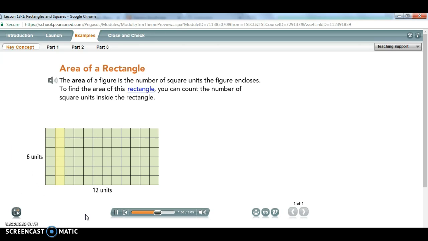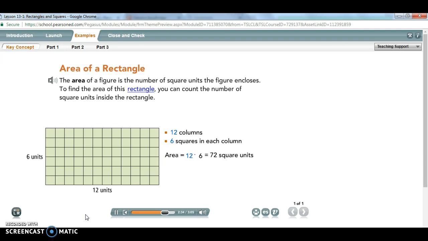There are a total of 12 columns, and each column has 6 squares. So the area of the rectangle is 12 times 6, or 72 square units.